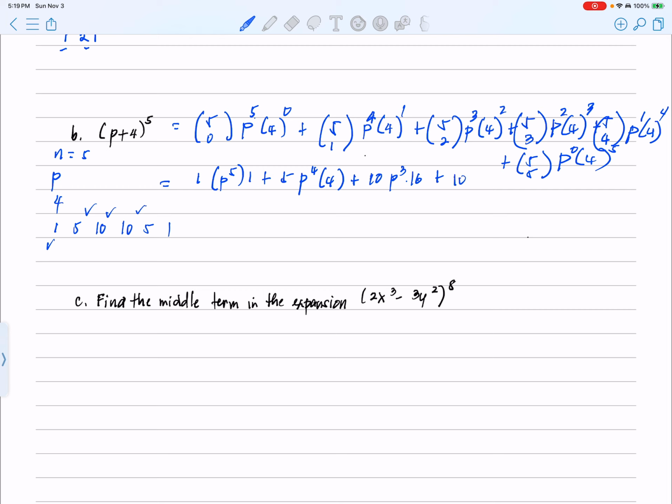Then p to the second, 4 to the third, 4 times 4 is 16, times 4 is 64. I have it here. 5 choose 4, that's 5. p to the first, 4 to the fourth.